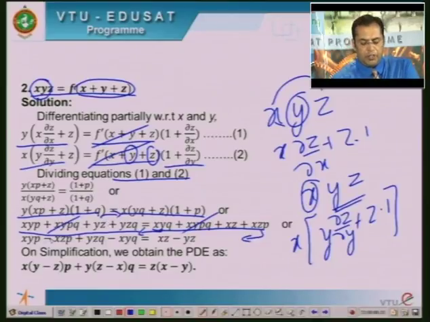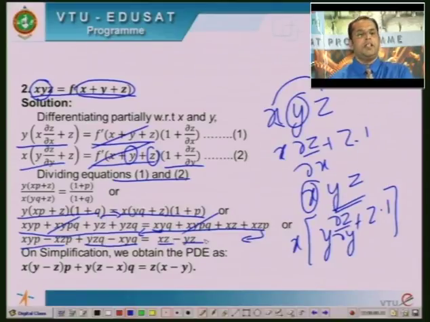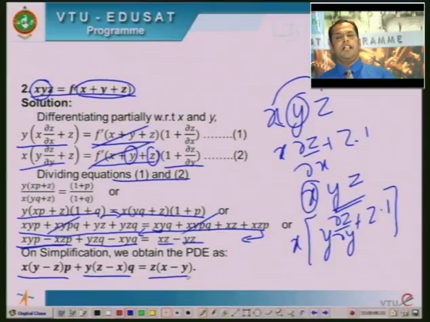So, you get xyp minus xzp plus yzq minus xyq equal to xz minus yz. So, finally, the required PDE of order 1 is x into (y minus z) into p plus y into (z minus x) into q equal to z into (x minus y), which is again a PDE of order 1.